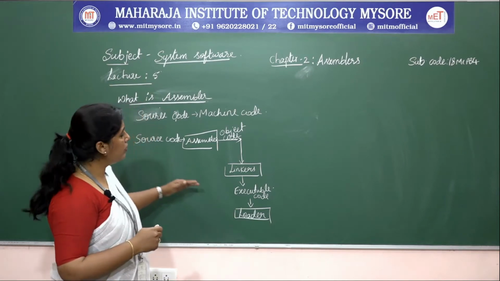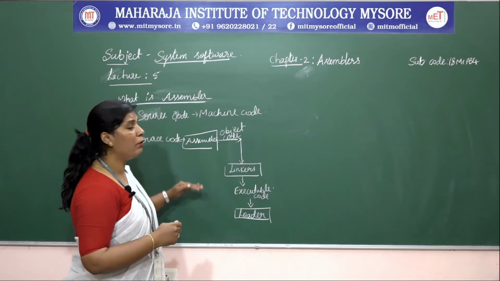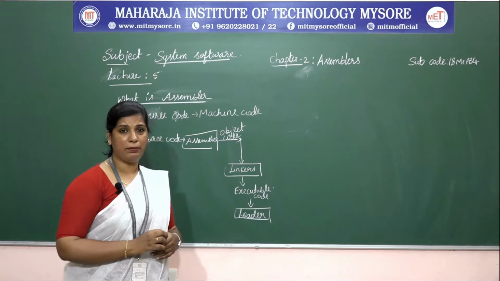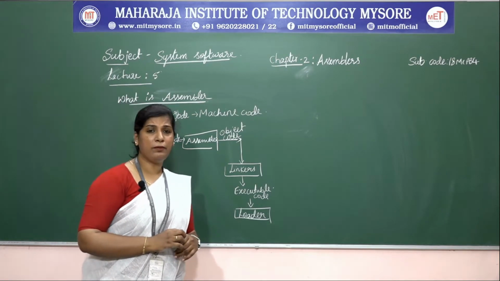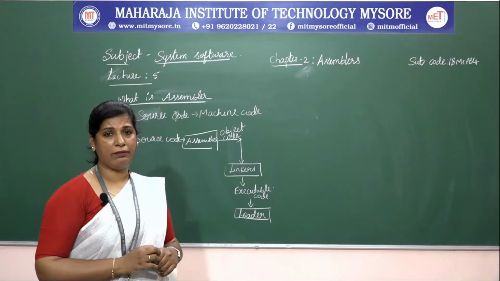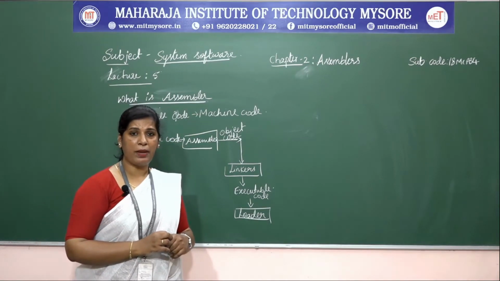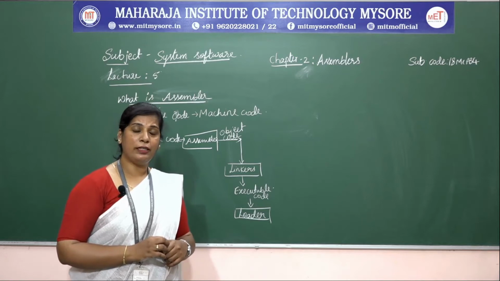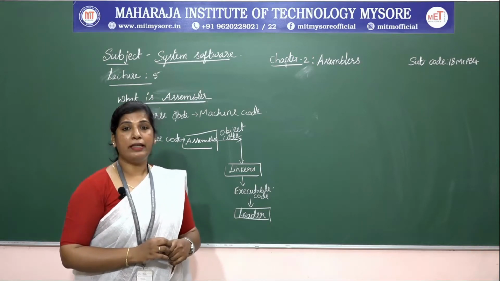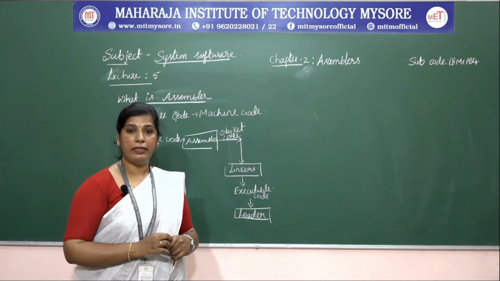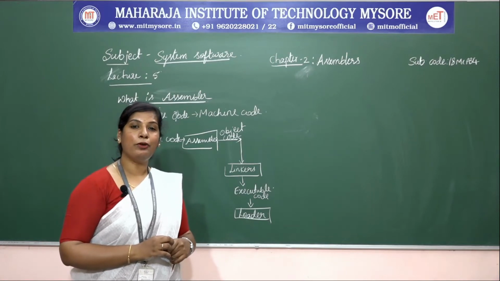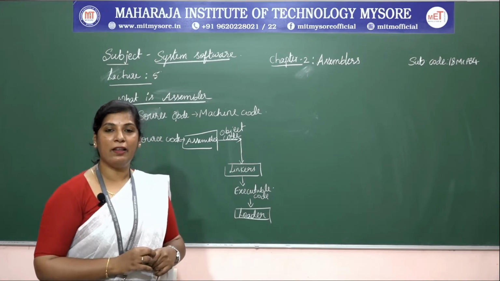Now we are going to discuss the main task of an assembler. When we write programs in higher level languages, the higher level language compiler first generates an intermediate code, in the form of assembly level language code.